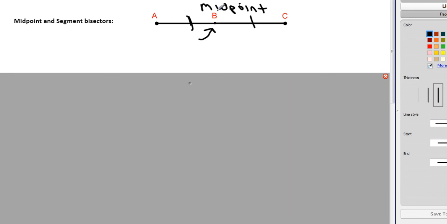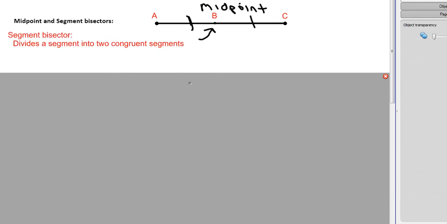And if B is the midpoint of AC, AB is congruent to BC. So a segment bisector divides a segment into two congruent parts, and the midpoint is the point where the segment has been bisected.